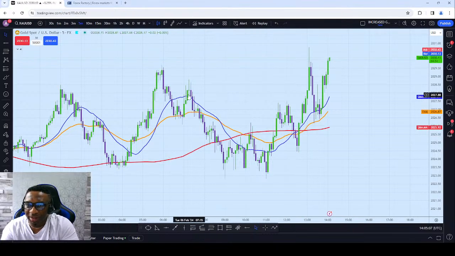If we were taking a trade from here as price dropped, and then maybe you entered on this candle here, you would have been fine putting your stop loss somewhere here. From there, the rest was all profit.